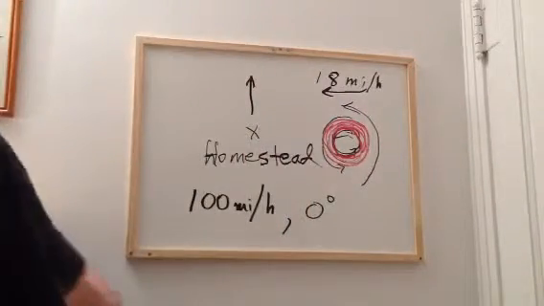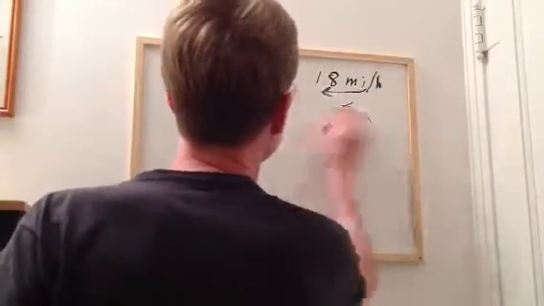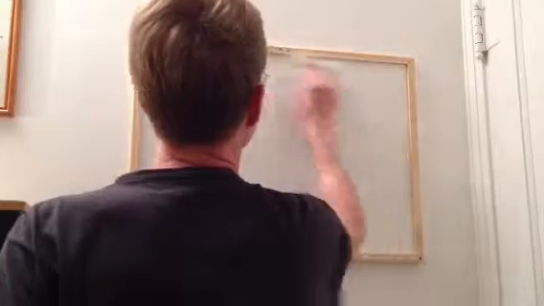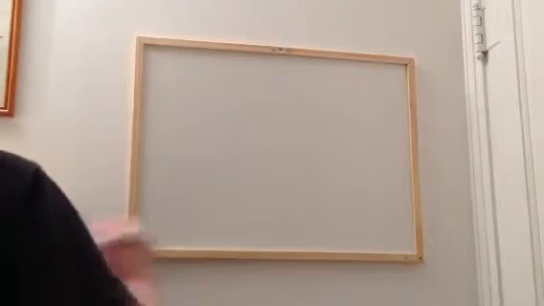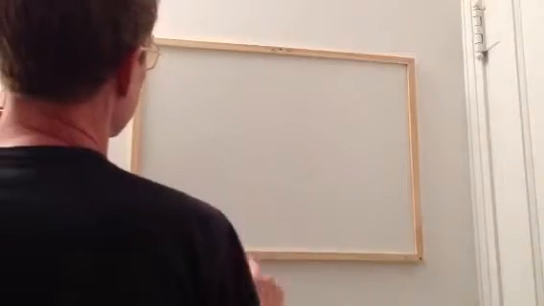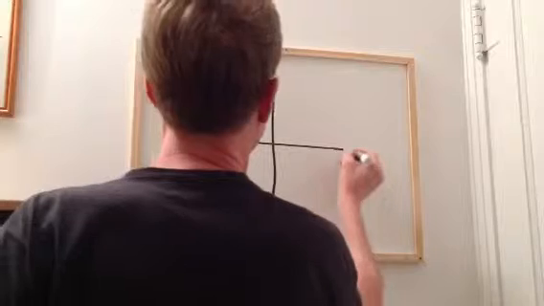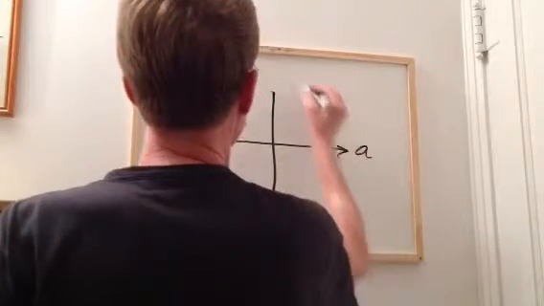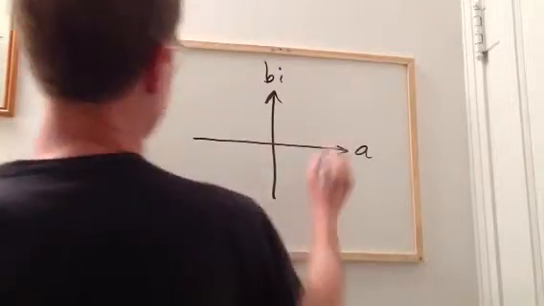Now, we're pretty much familiar with what a vector is. It is a quantity with two components, magnitude and direction. So, we're ready now to use vectors to describe complex numbers, real axis, imaginary axis.